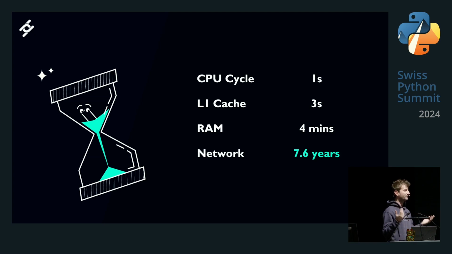Well, it takes about 3 CPU cycles, that is 3 seconds. Quite a short time. How long does it take to go to the RAM, to the operating memory of the computer? Well, it's about 4 minutes. And here we start seeing that it's already 1 order of magnitude more.